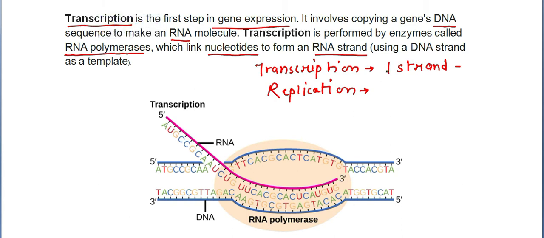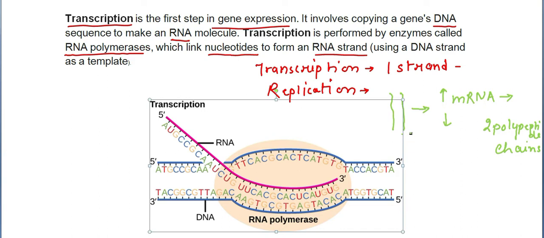if both the strands of the DNA are involved in transcription, then what happens? Two mRNA molecules will be there, resulting in two polypeptide chains, and you can say that from one DNA molecule two proteins will be formed.